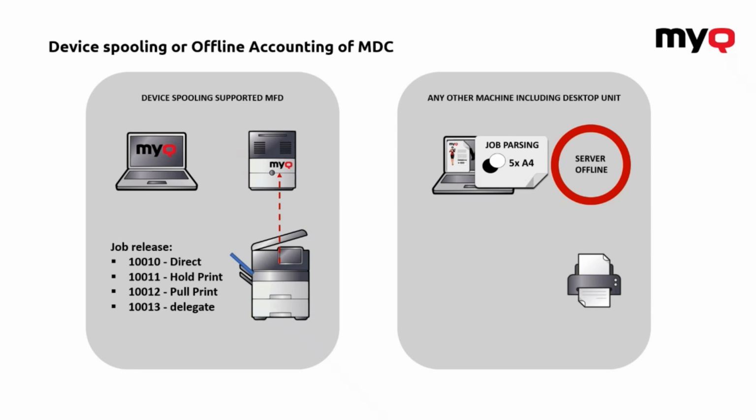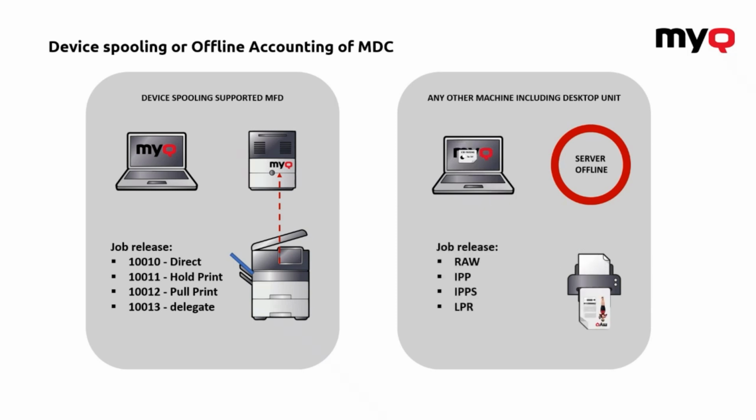So in the offline mode, every new job that comes to the client gets parsed and analyzed, so we know its details. Then, when it's released to the machine, the application will automatically use that information and report it to the server when this one is back online. That way we've got detailed accounting even in a situation where the server is down, and you can use it even on a small desktop unit.